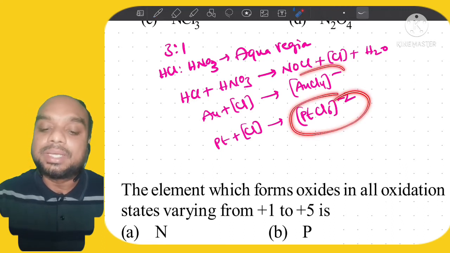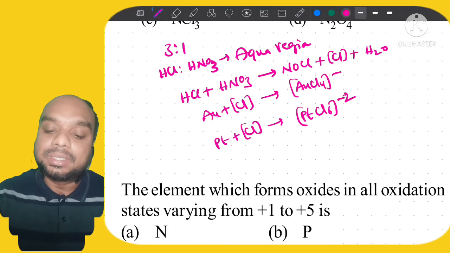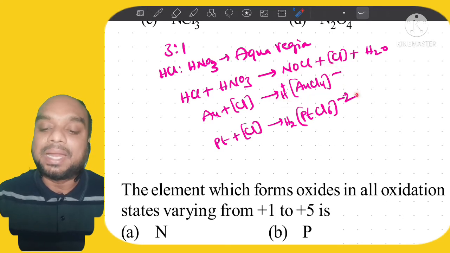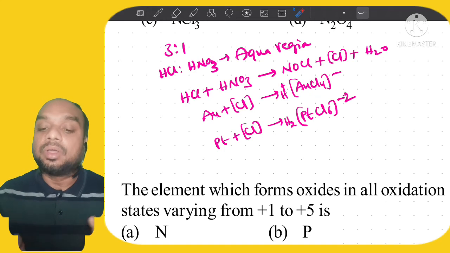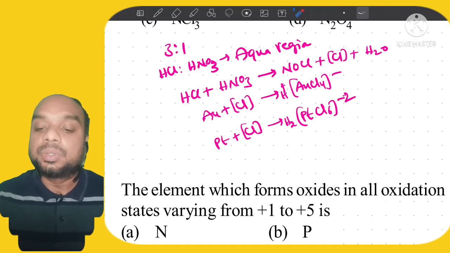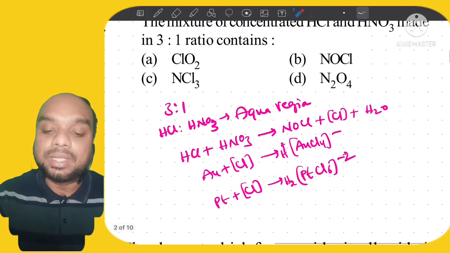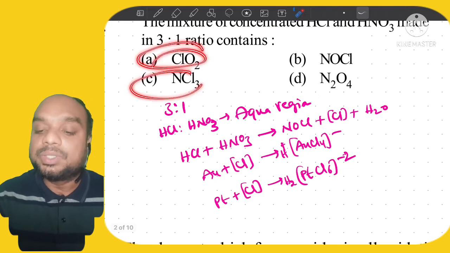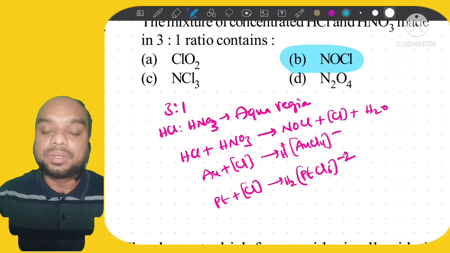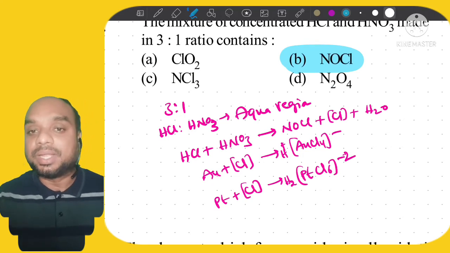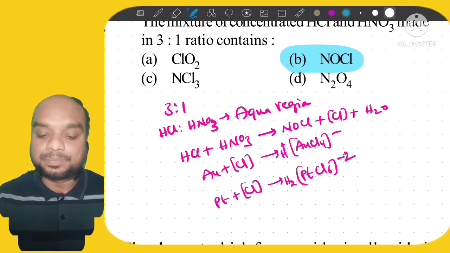Here H plus, here H plus, H2PtCl6. So this one is called auric acid, this one is called platinic acid. Like that, aqua regia reacts with gold and platinum. If you see the options, which substance do we get here? NOCl, so the answer is NOCl.